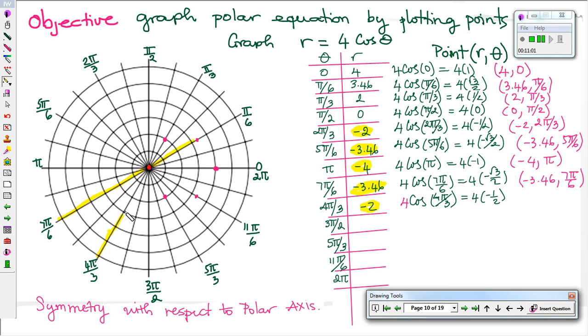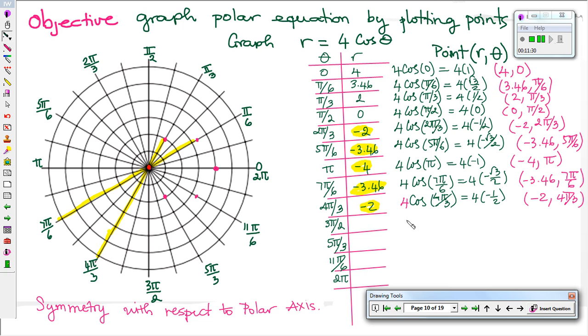So you can look right here at 4 pi over 3. Since your r is negative, the point cannot stay on the terminal side of 4 pi over 3, but it will be on the opposite side. So it will be the same thing as pi over 3. So we have the same point here. So let's write out the point, which is negative 2, 4 pi over 3.